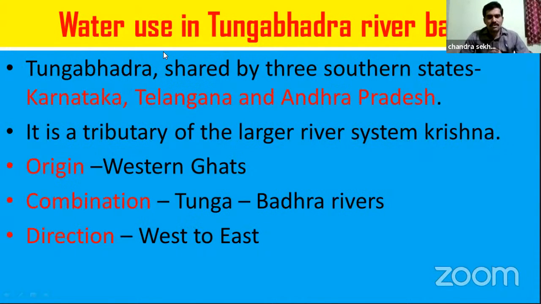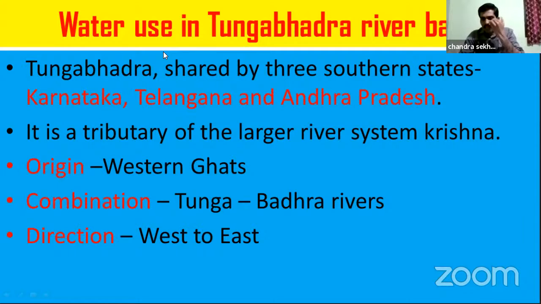Like that, the origin of the Tungabhadra river also is in the Western Ghats, because the Western Ghats act as a watershed between the west flows and eastern flows, and the Western Ghats receive more rainfall in the southwest monsoon season. That's why the Western Ghats are the birthplace of more peninsular rivers.